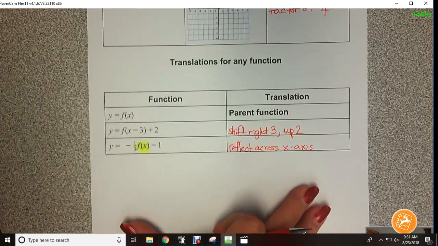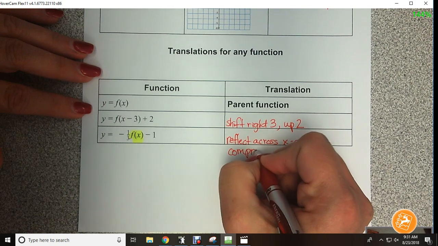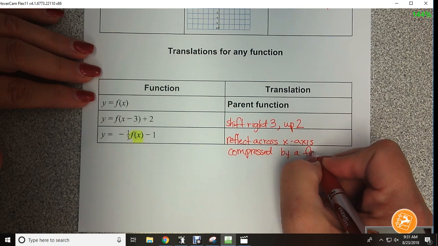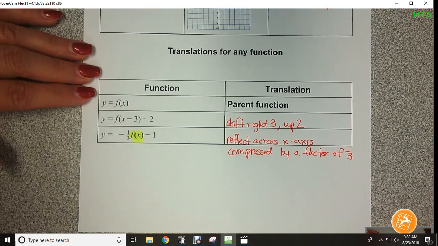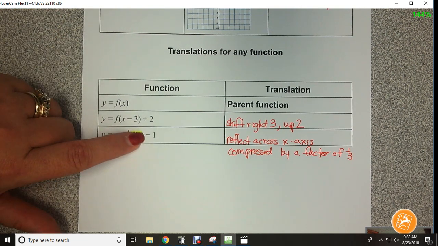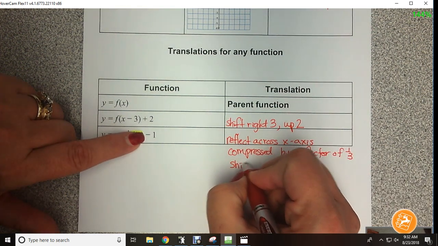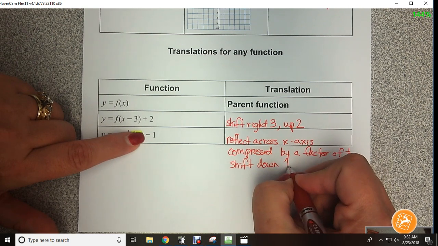So the translation is that it is compressed by a factor of 1/3, and then this minus 1 that comes after. Remember, if it comes after your parent function like this, that's going to be your up or down. So it's going to be shifted down 1.